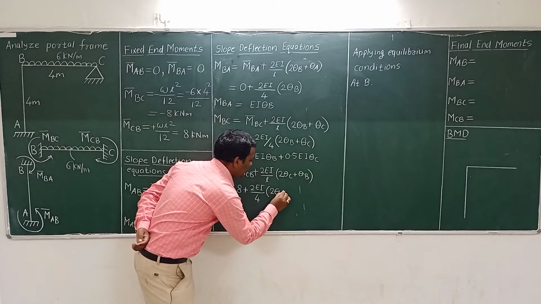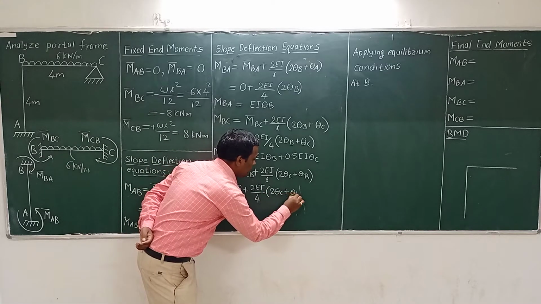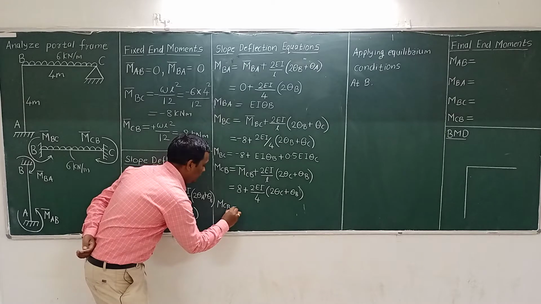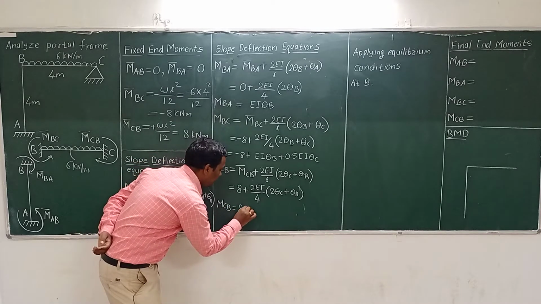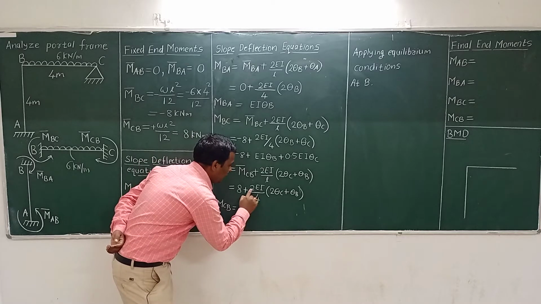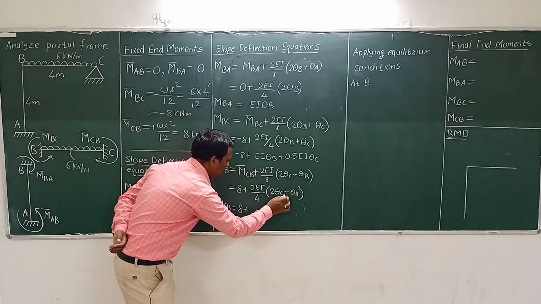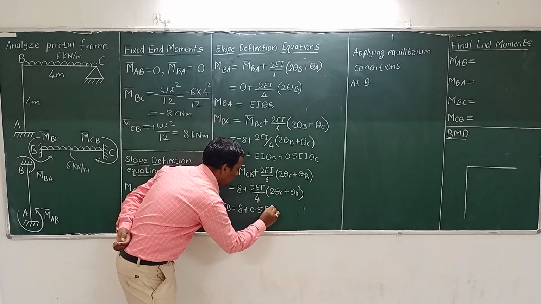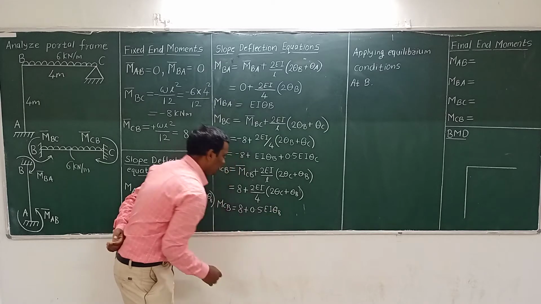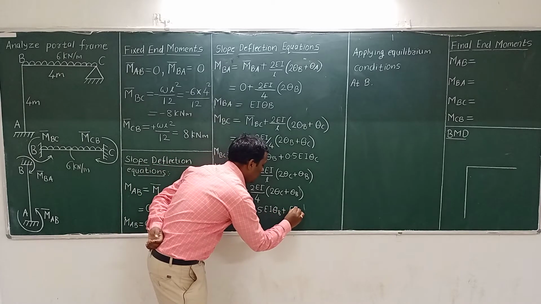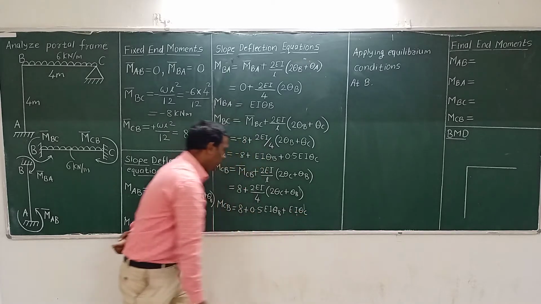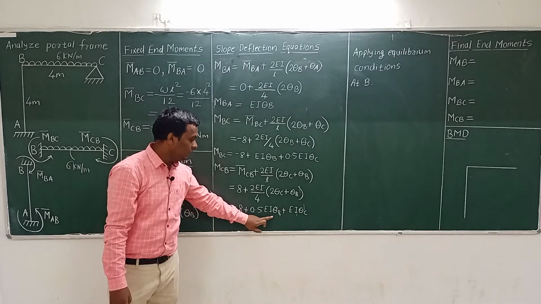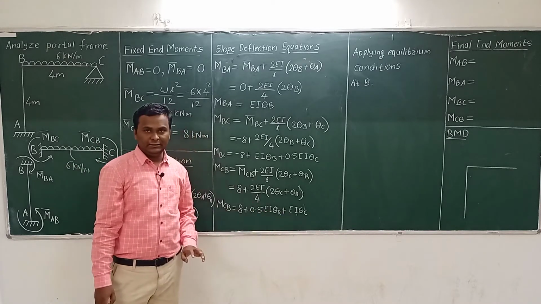So write this as it is, twice theta C plus theta B. So finally you will get the equation for MCB equal to 8 plus, when multiplying inside, first consider the term of EI theta B, so it becomes 0.5 EI theta B plus EI theta C. So the equation for MCB is 8 plus 0.5 EI theta B plus EI theta C.